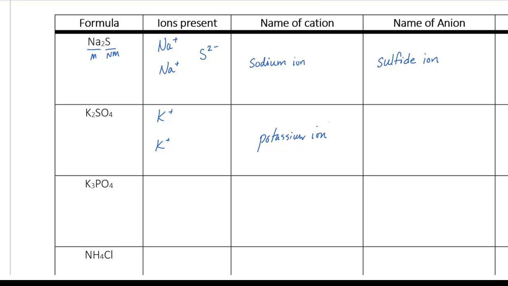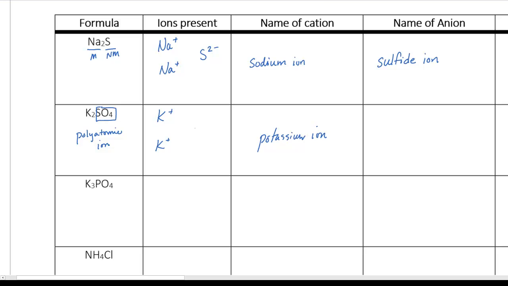And so this entire unit is what's known as a polyatomic ion. Essentially it's a group of atoms that are bonded together, that together have a net charge, but they act as one unit.